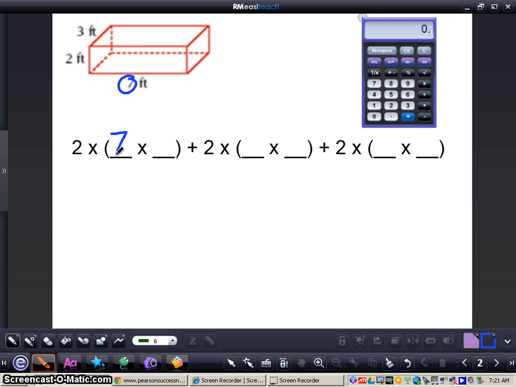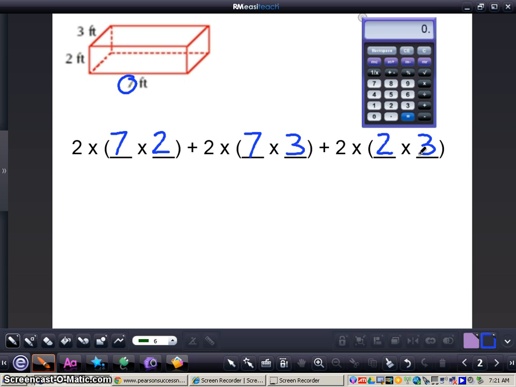Now I understand that 7 needs to be multiplied by 2. Then I'm going to take that number 7 and multiply it by 3 in the next set. So far, 7 times 2, 7 times 3. Now the only two friends that have not been multiplied by each other would be 2 and 3. So I'll just write 2 and 3 here.